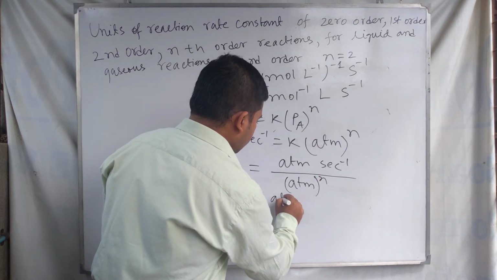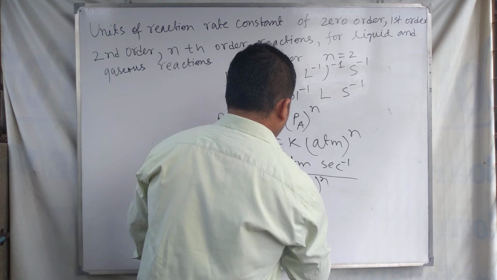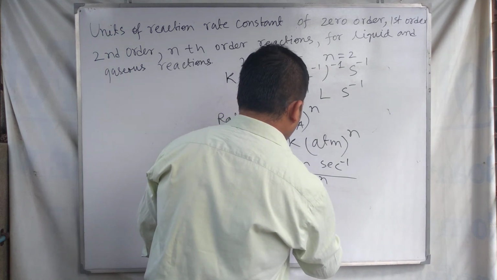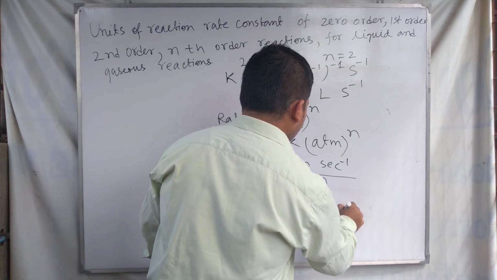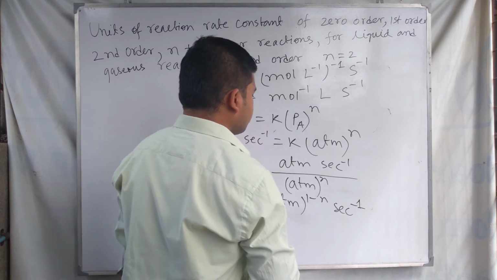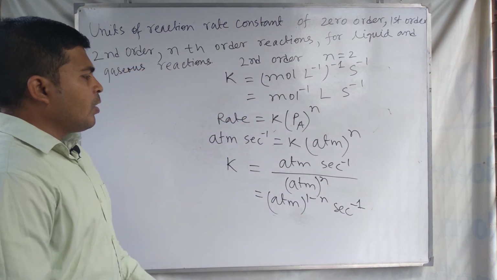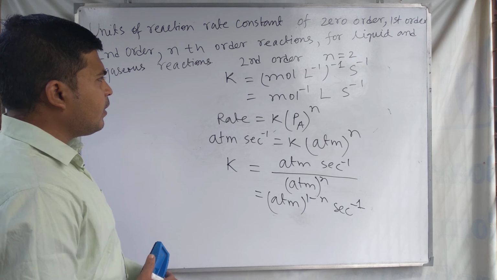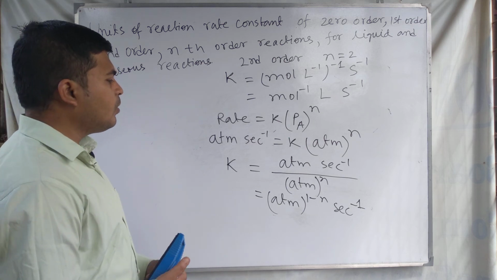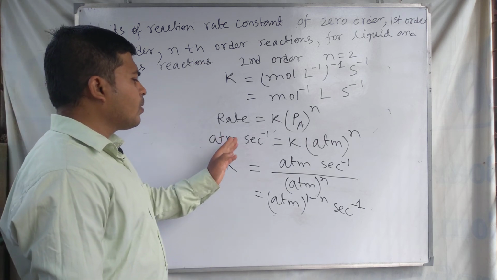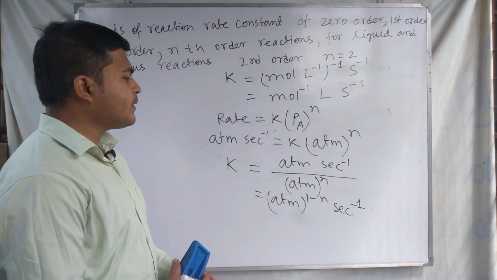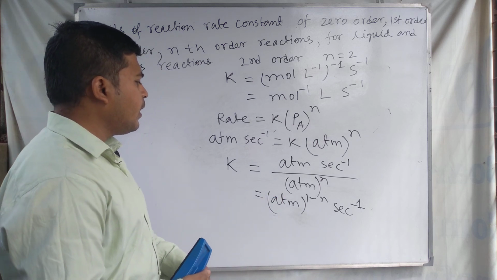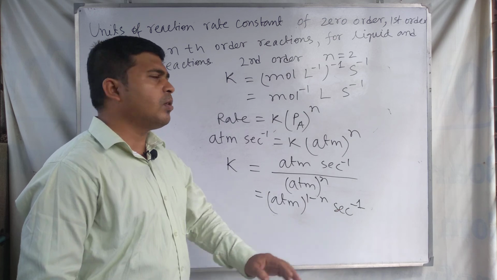So atm to the power 1 minus n second inverse. Atm to the power 1 minus n second inverse is the unit for the general or nth order reaction in gaseous medium.